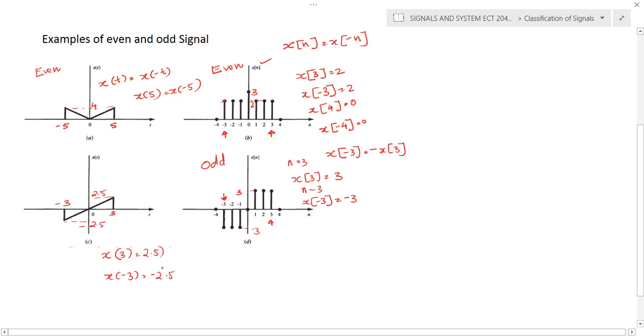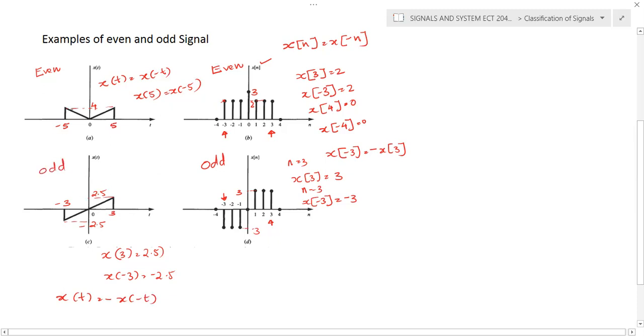If you observe these two values, it's simply the negative of the other component. So you can write here x of t is equal to minus x of minus t. So the given signal is an odd signal.